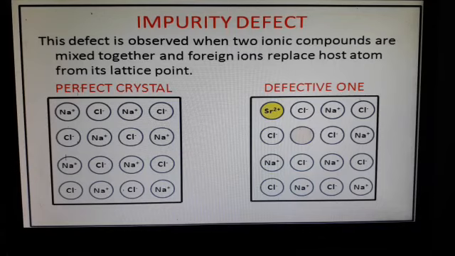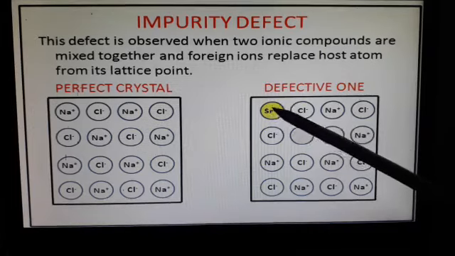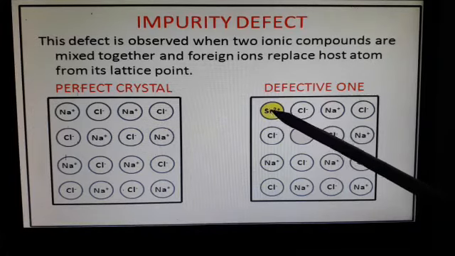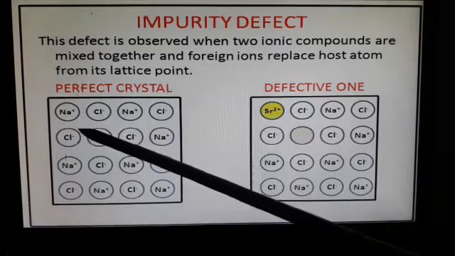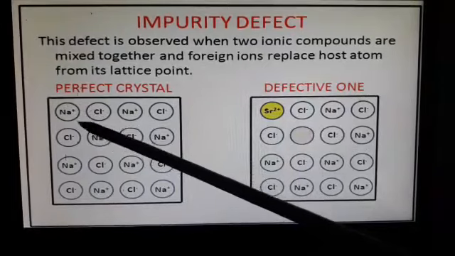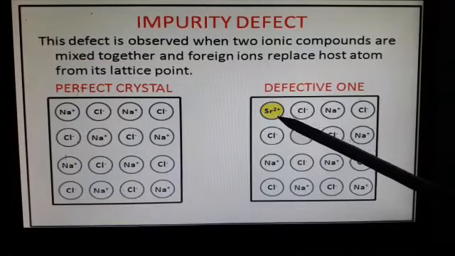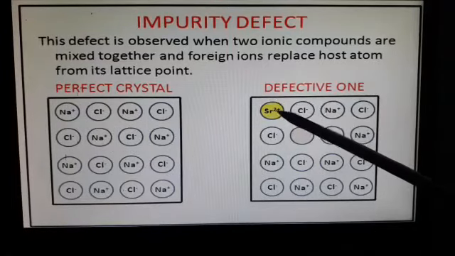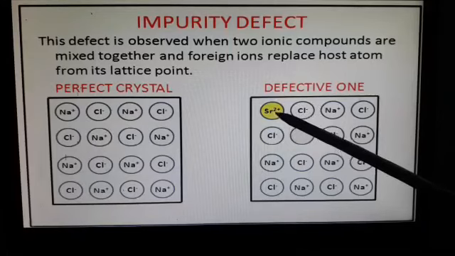One Sr2+ ion is equal to 2 ions of sodium, because of the 2+ charge. So if strontium is present, we have to remove 2 Na+ from this crystal.